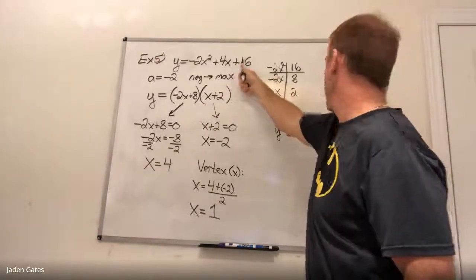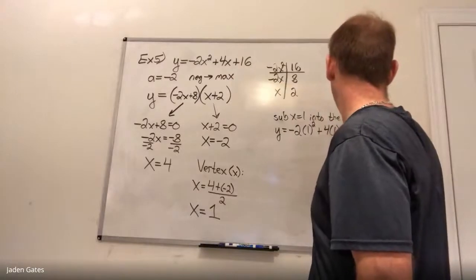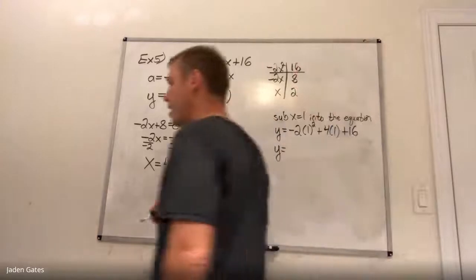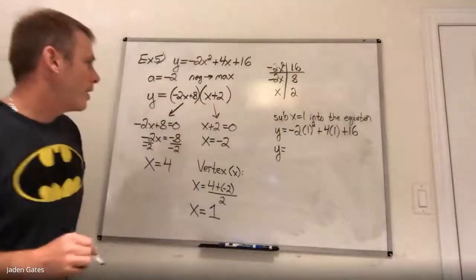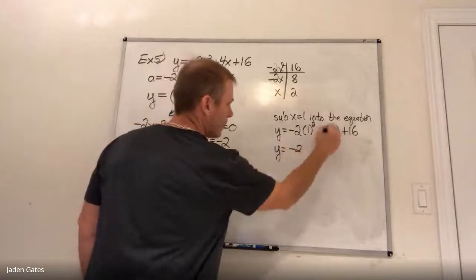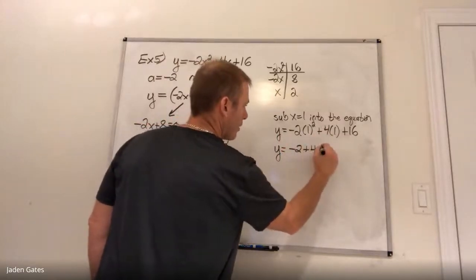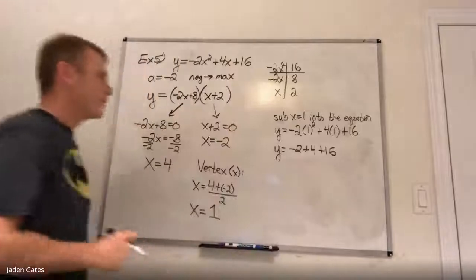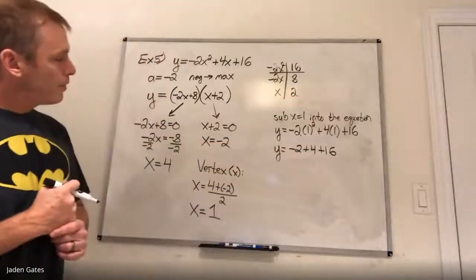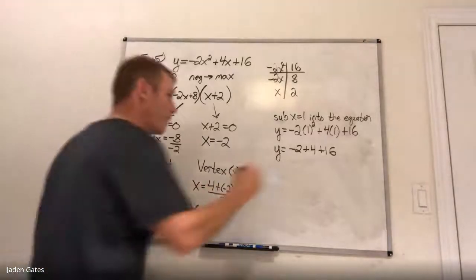Again, just using my equation up here, plus 16. All right, and then I get y equals, let's see here. 1 squared is 1 times -2 is -2. 4 times 1 is 4 plus 16. All right, let's see here. Add those numbers up. Well, -2 plus 4 is 2. Add 16, we get 18 total.